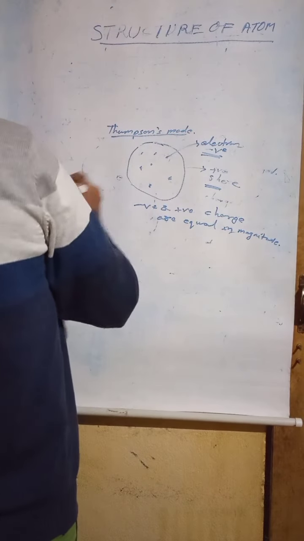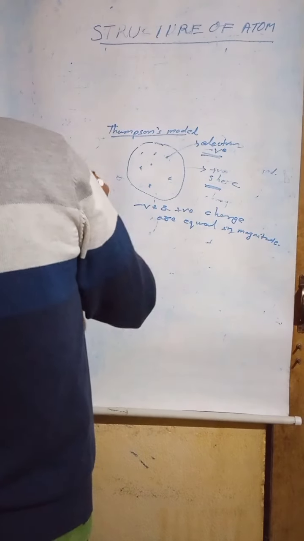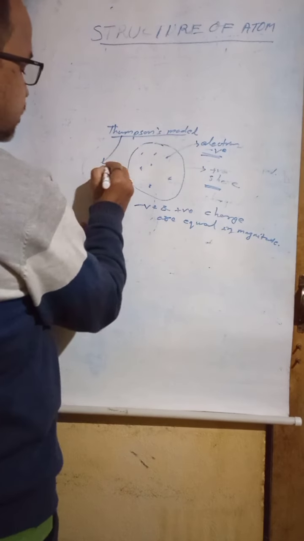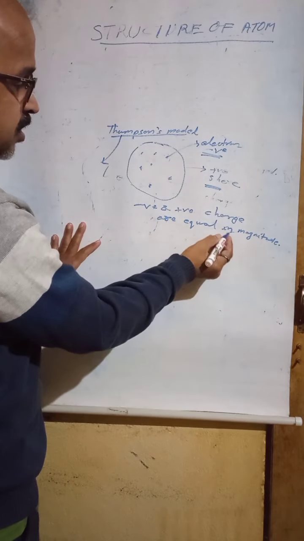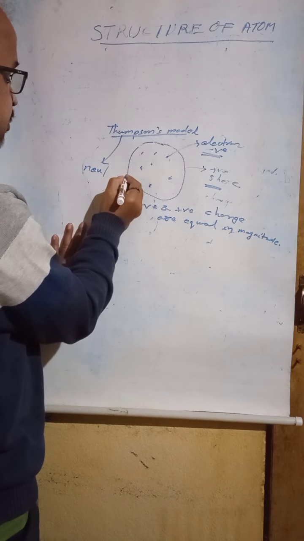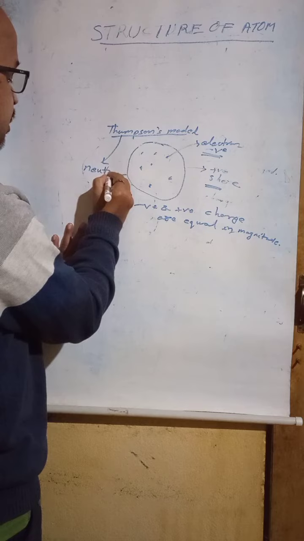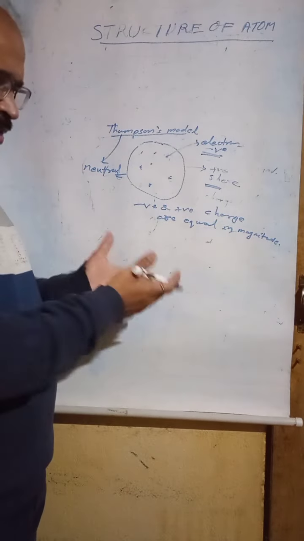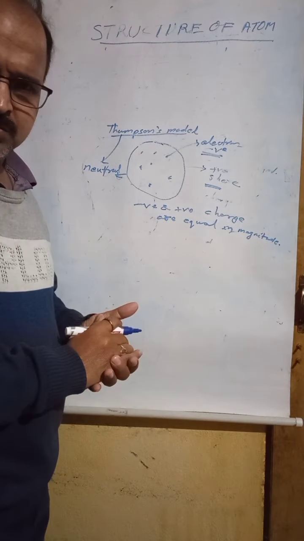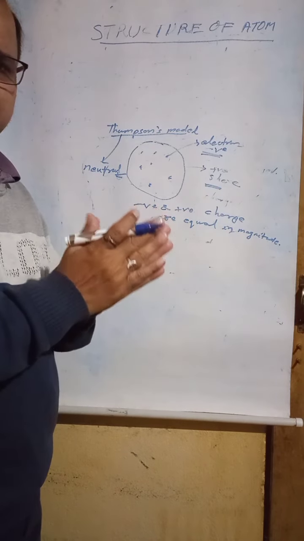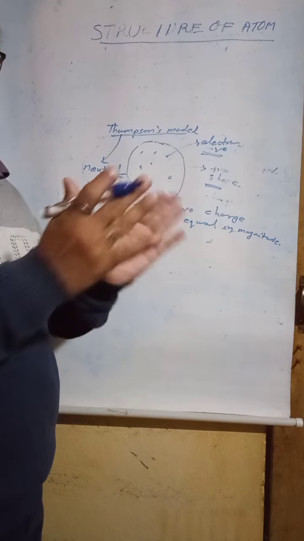As per Thomson's model, equal in magnitude means it is neutral. The atom is neutral. Why is it neutral? Positive and negative are equal in magnitude, so it is neutral. When an equal number of positive particles and negative particles are present, there is no attraction and no repulsion.